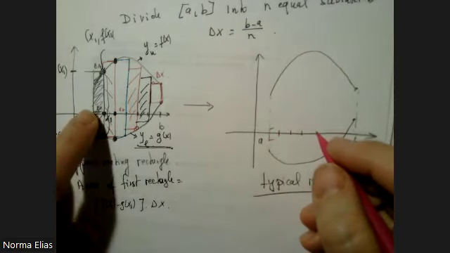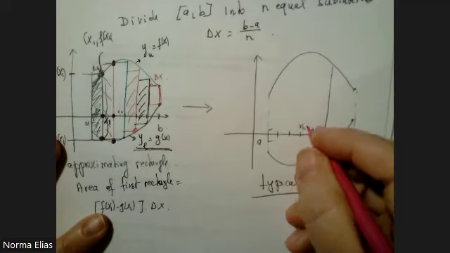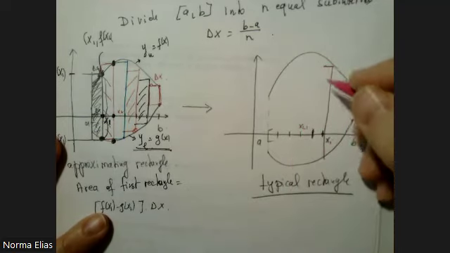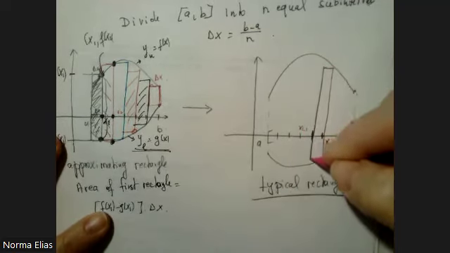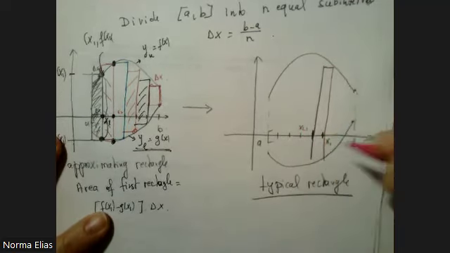So I will call this xi, and this is the one before it, xi minus 1. And I call this rectangle a typical rectangle. It means a generic one, the one that represents every one of them. So the way we will approach this problem is, instead of taking a lot of subdivisions, we focus on one. So that's my typical rectangle.